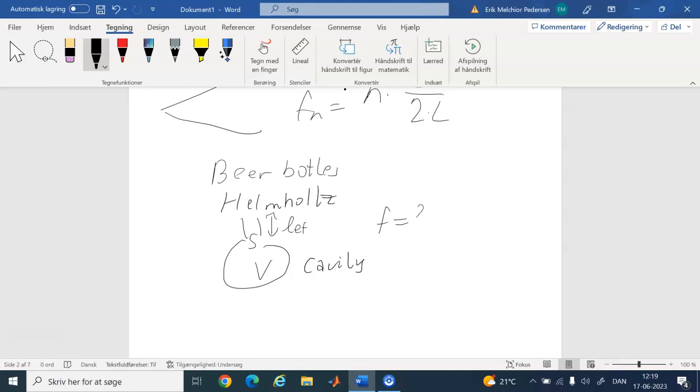F is c divided by 2 pi times the square root of the area of the neck divided by the volume times the effective length. You can say it's like a mass and a spring. This is a Helmholtz resonator.